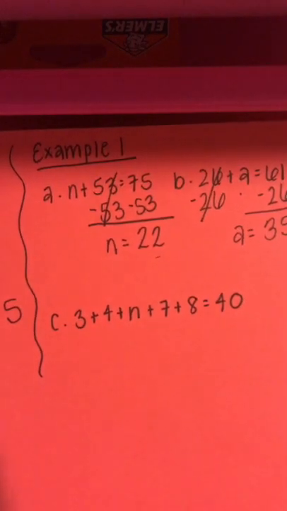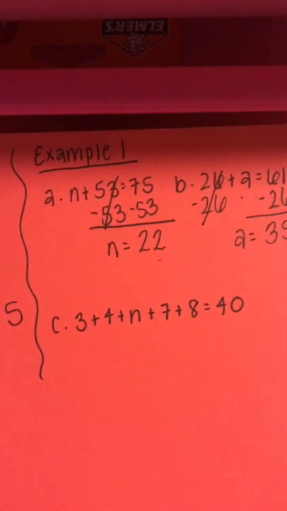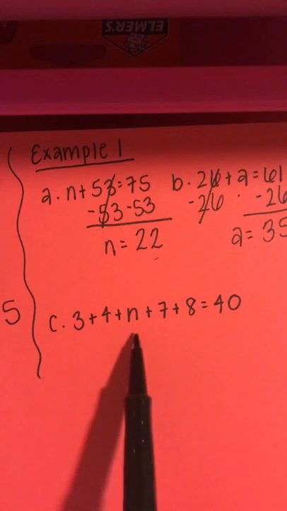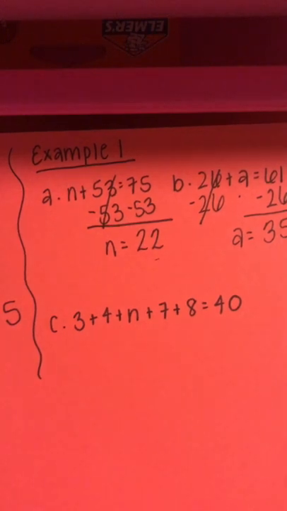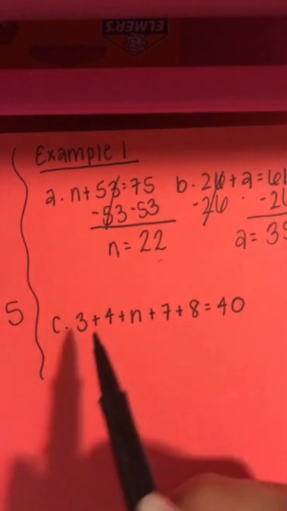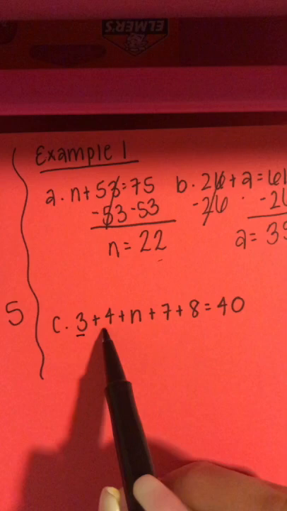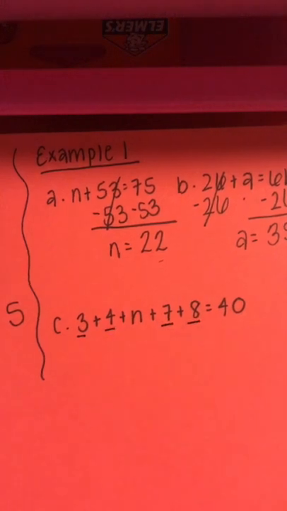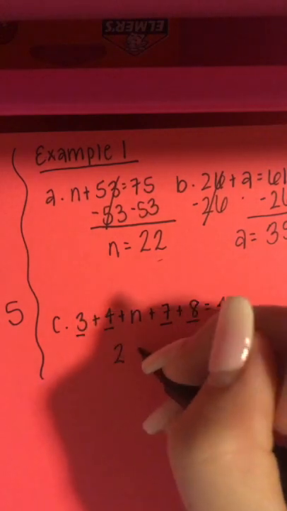So for c, we have multiple numbers now, right? But we still have our one unknown number, which is n. So your first step here, you want to add the known addends. So you want to combine your like terms. So we have 3 plus 4 plus 7 plus 8. Once you do all of that, you will get 22.